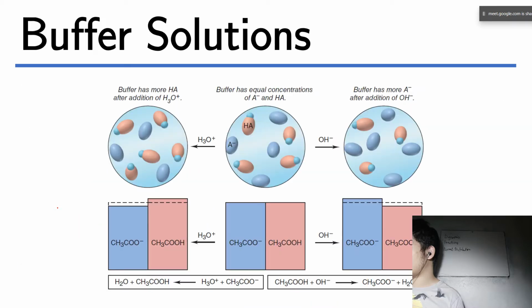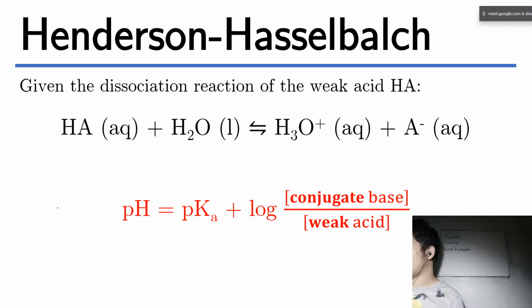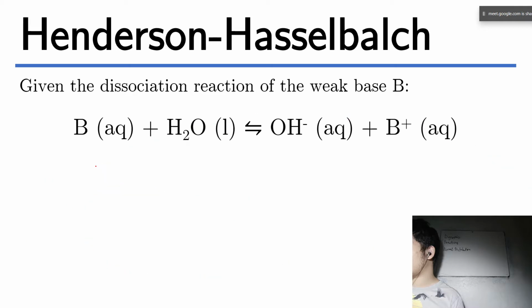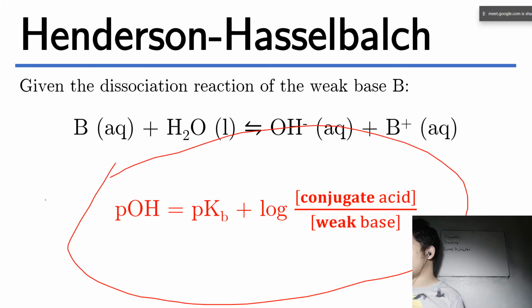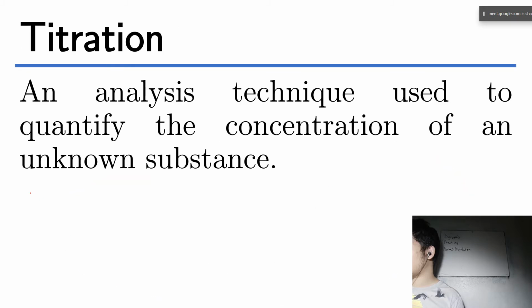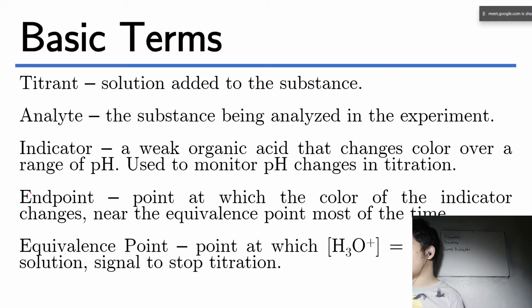Nandito naman yung demonstration on how to do it. Basta yun. Ito, remember this. And also remember this. For base naman to, weak base. Acid-base titration. Ito yung mga terms natin, no? Basta pag equivalence point, H3O equals OH.